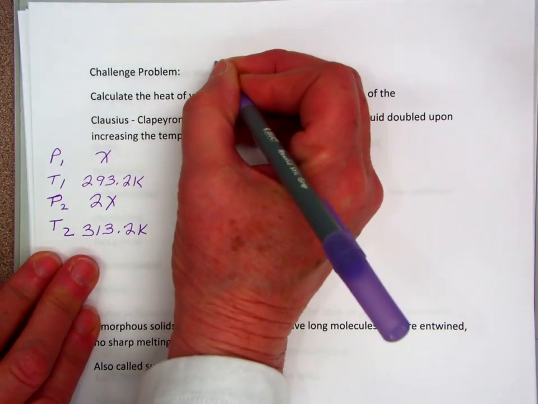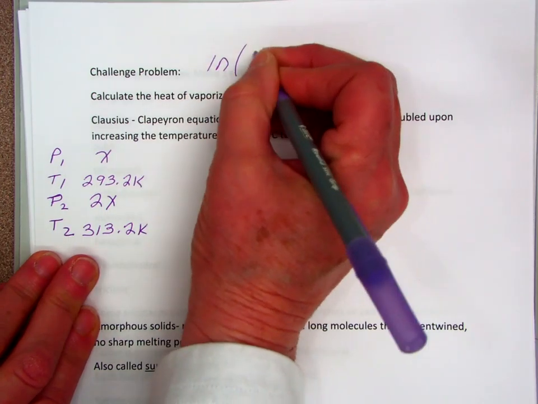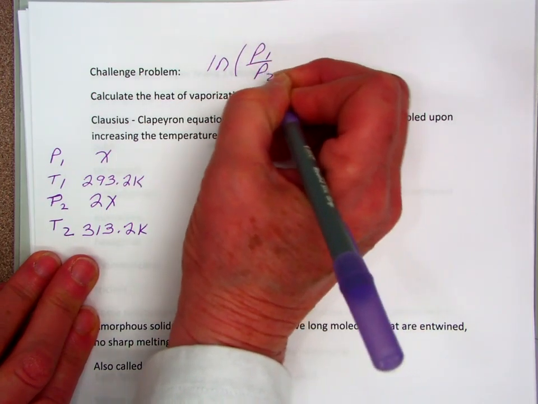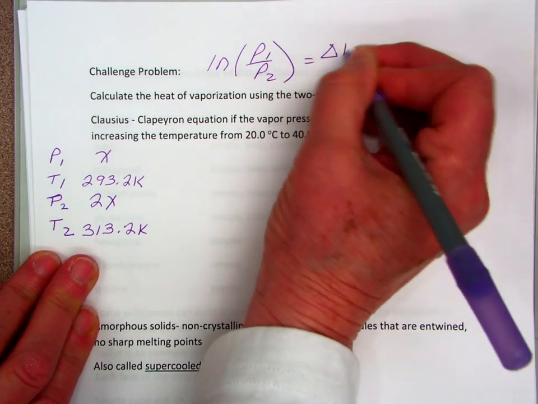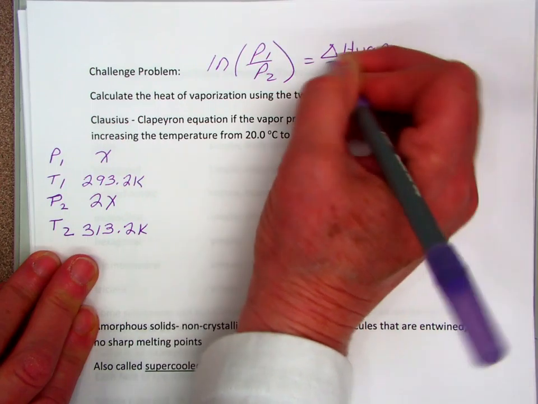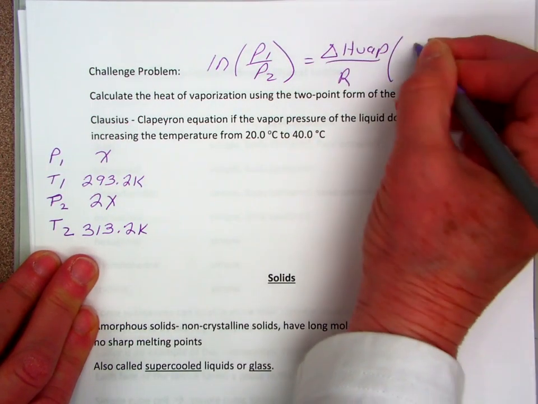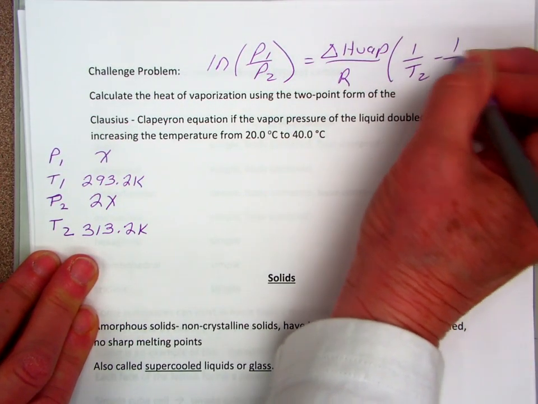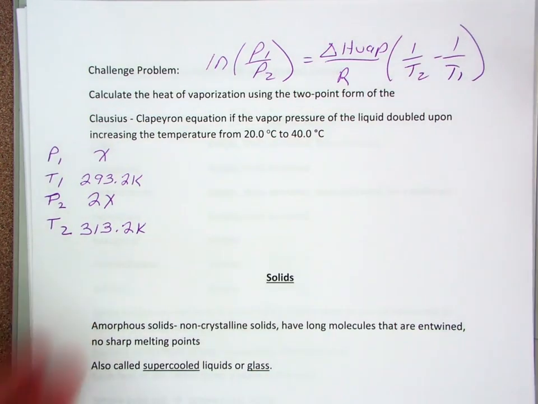So we know the 2-point form, the natural log of P1 over P2 is equal to the enthalpy of vaporization divided by R times 1 over T2 minus 1 over T1. So again, once we've thought out the part of doubling the pressure, this isn't that difficult. Harrison?